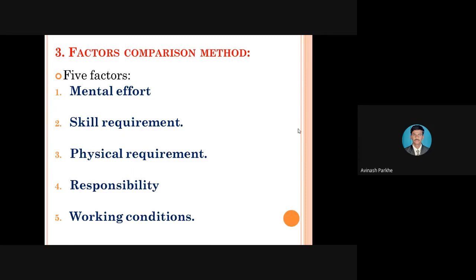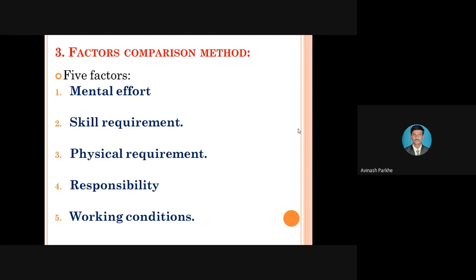Then roles and responsibilities. Which responsibility is given to which person, and whether he is performing or not, that factor we also consider in this third method. And the last important one is working conditions. In which working condition is the operator working? One operator is working in a high temperature region, another in a cold temperature region, one more in a heating region.